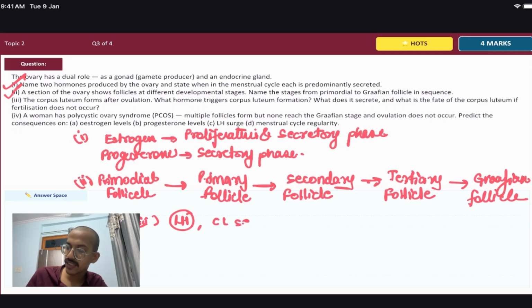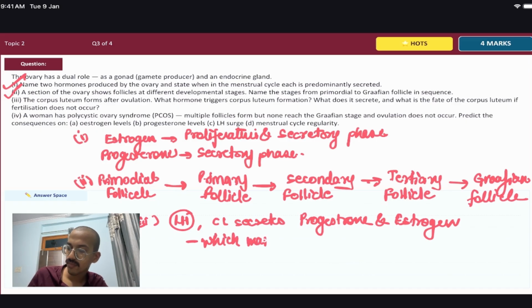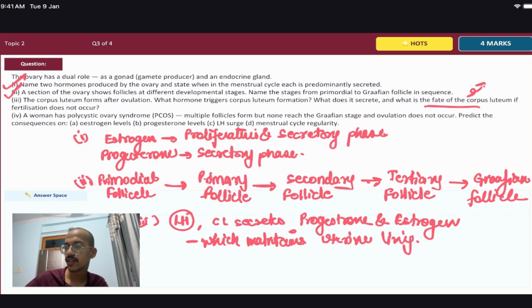Corpus luteum secretes progesterone and estrogen, which maintain the uterine lining. So what will happen if it degenerates? The uterus lining will be shed off. So the fate would be that the uterus lining is shed off.